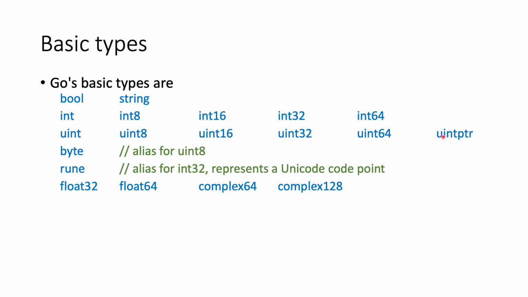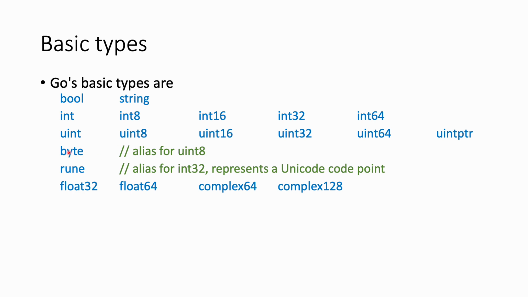The uintptr is for pointer. So similarly, the uint8 or uint16, etc., are fixed length unsigned integer types, and the number in the name of the type indicates the length or the number of bits used for that type.